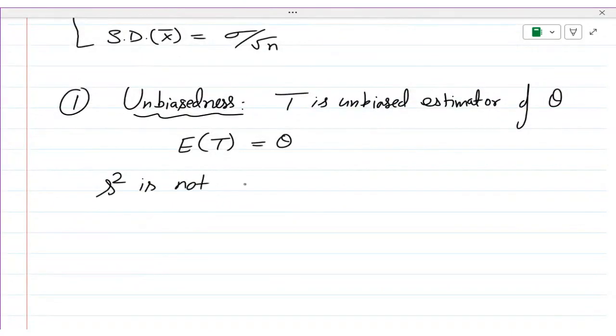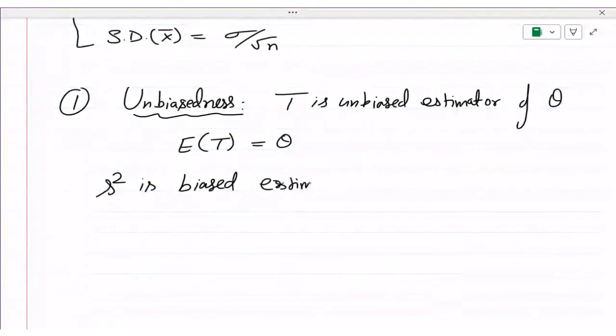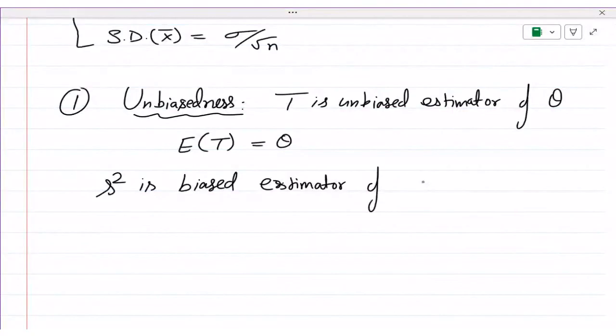Actually, it is biased. So s square is a biased estimator of sigma square.